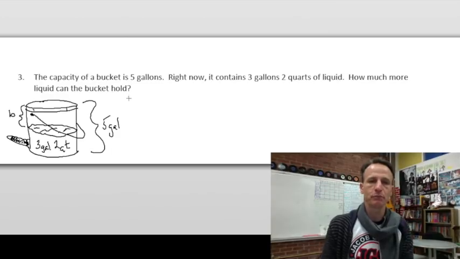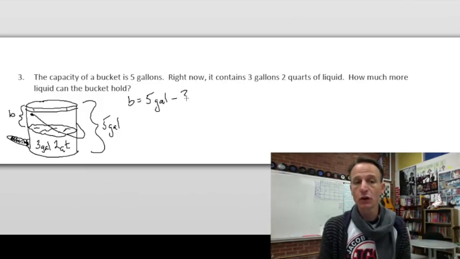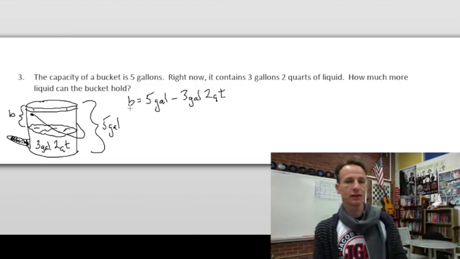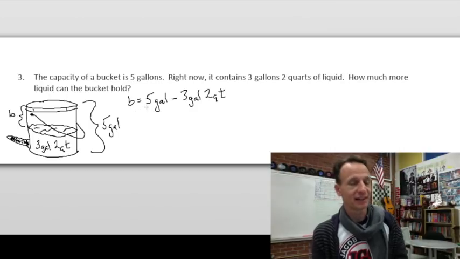So that B will be if we take the whole capacity of the bucket, 5 gallons, subtract the known part, the 3 gallons, 2 quarts, that will give us the unknown part, all right? And remember, yes, I love the unknown.